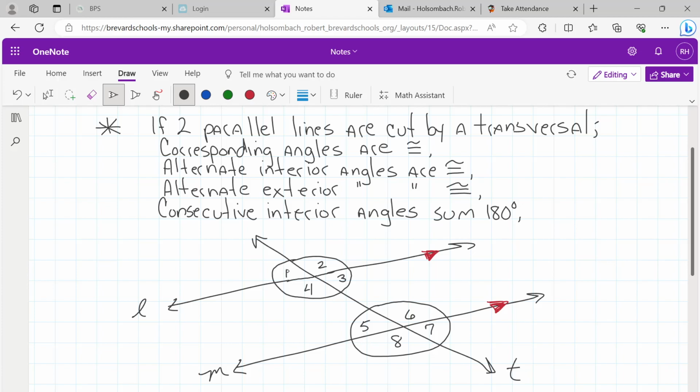So what corresponds to angle 1? Angle 1 is in the upper left position of its group, right? So 5 is in the upper left position of its group. So 1 and 5 are corresponding. So angle 1 is congruent to angle 5.